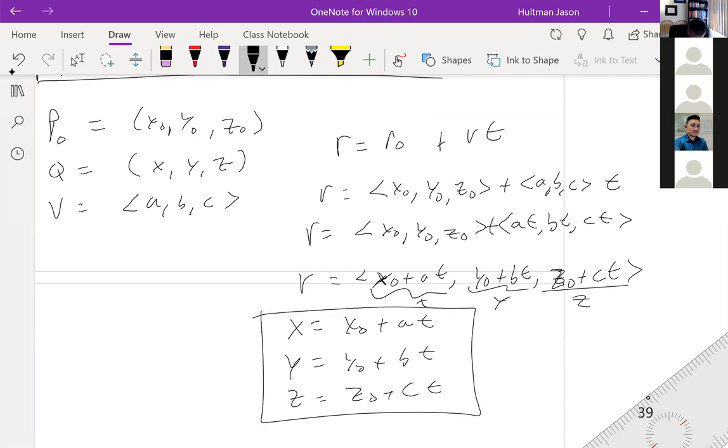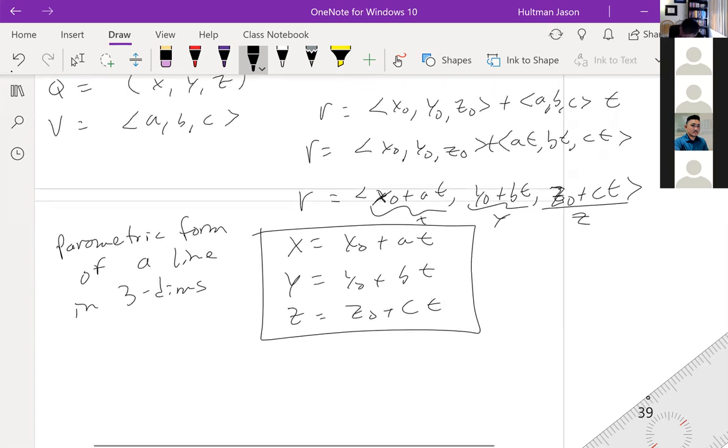This is the parametric form of a line in 3 dimensions.